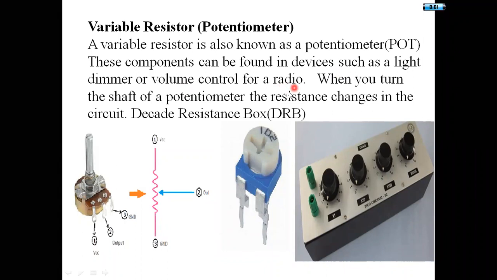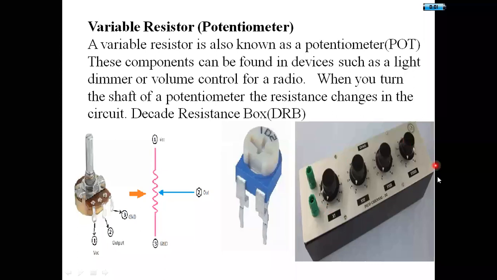In olden TVs, we can come across those potentiometers for fine tuning of channels. When you turn the shaft of a potentiometer, the resistance changes in the circuit. This is one type of potentiometer, and another type with an enormous range is the decade resistance box, DRB.